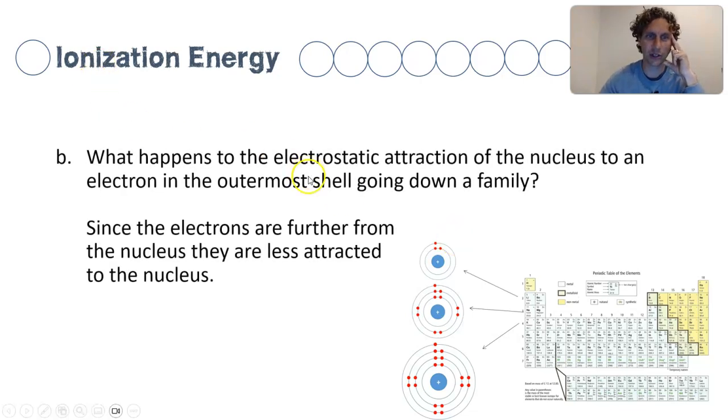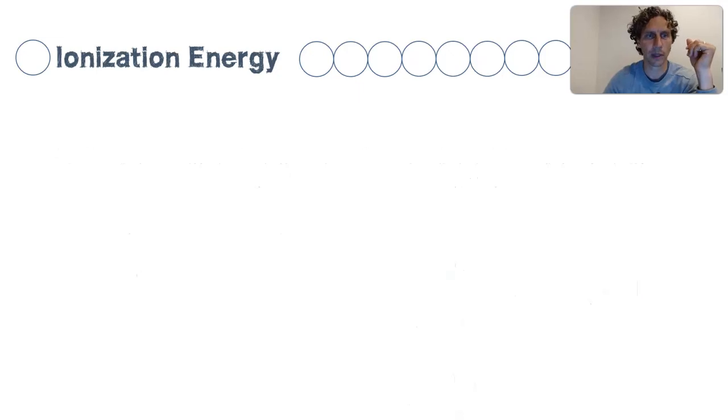And since the electrons are further from the nucleus, they're less attracted to the nucleus. Think if I had two magnets, if I hold them pretty far apart, they hardly attract, but as soon as you get closer, they attract more.